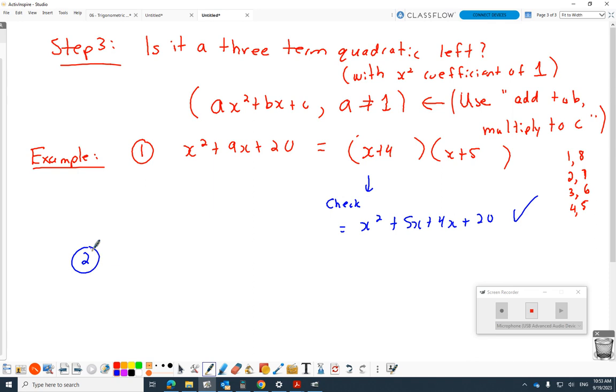OK, let's try another one. X squared plus 5x minus 36. Is it a 3-term quadratic? Yes. Is the a value 1? Yes.